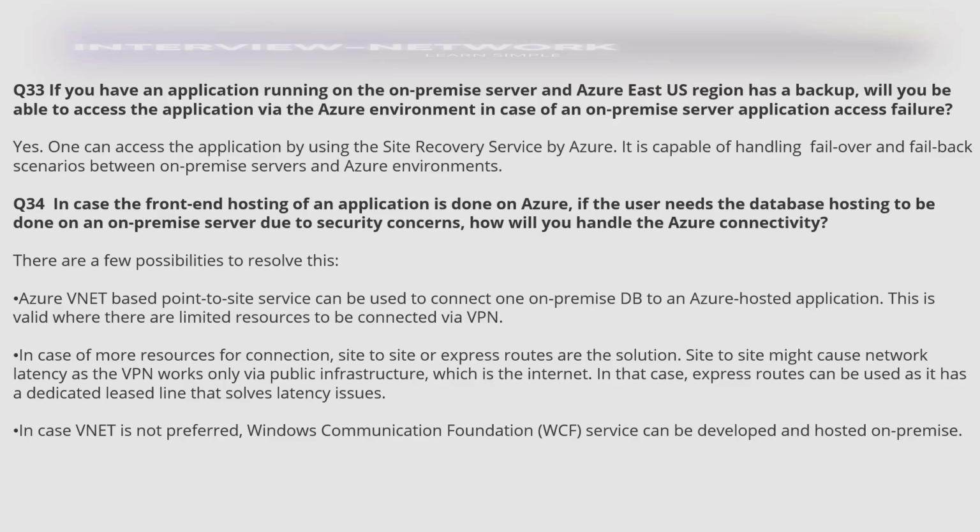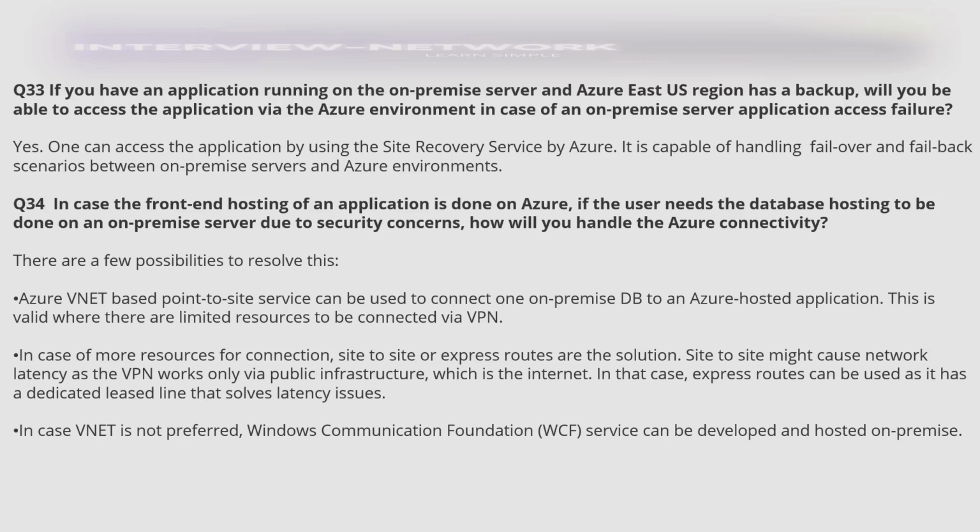In case the front-end hosting of an application is done on Azure, if the user needs the database hosting to be done on an on-premises server, given today's security concerns, how will you handle the Azure connectivity? There are a few possibilities to resolve this. Azure VNet based point-to-site service can be used to connect one on-premises database to an Azure hosted application. This is valid where there are limited resources to be connected via VPN.